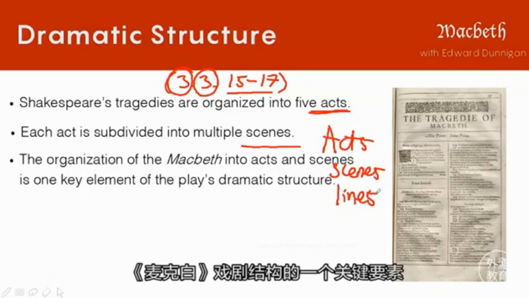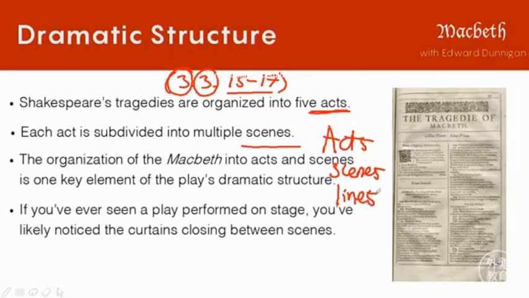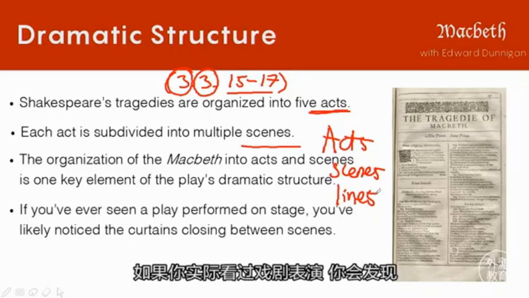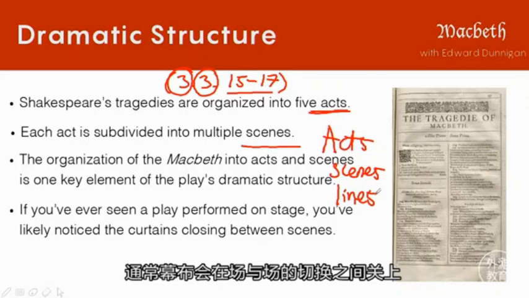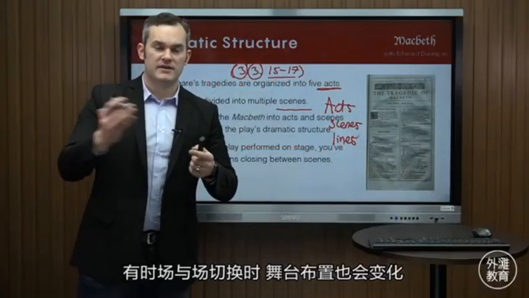So one key element of the dramatic structure of Macbeth is simply the organization of action and speech into acts and scenes. And if you've ever seen a play performed on stage, you've noticed that normally the curtains are going to close in between scenes. And sometimes the setting of one scene is going to change as it moves into the next scene.